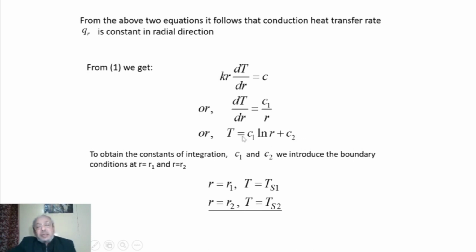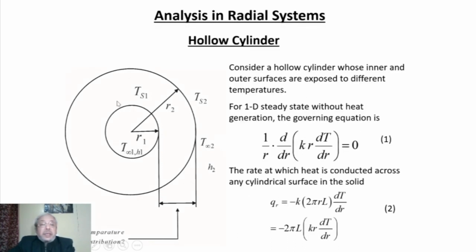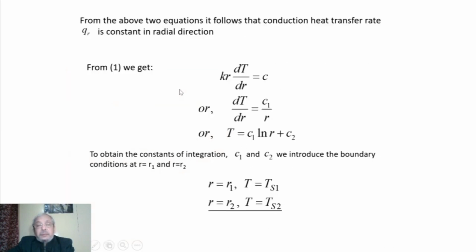So this is the temperature distribution in terms of C1 and C2, arbitrary integration constants, and we have to find out C1 and C2. We apply the boundary conditions, which are r equal to r1, T equal to Ts1, and r equal to r2, T equal to Ts2.